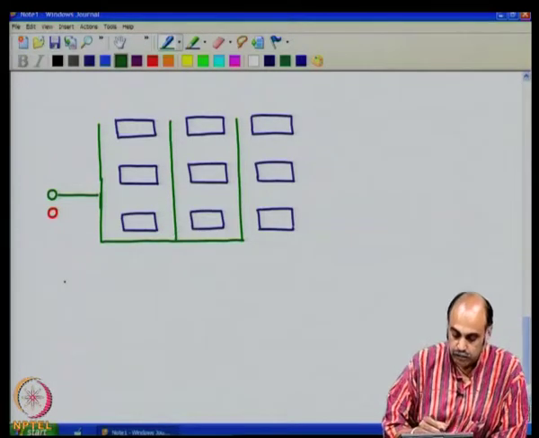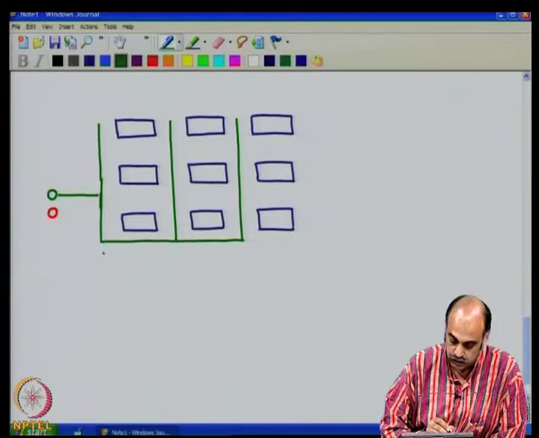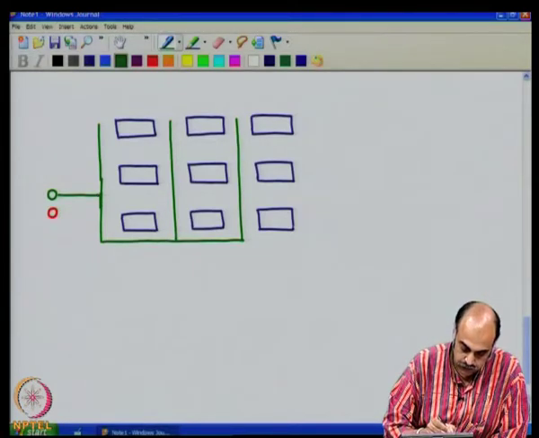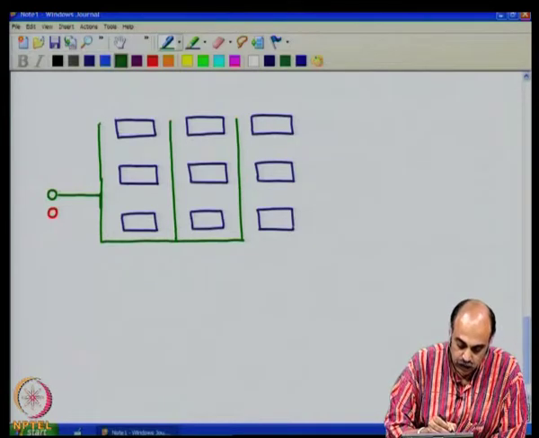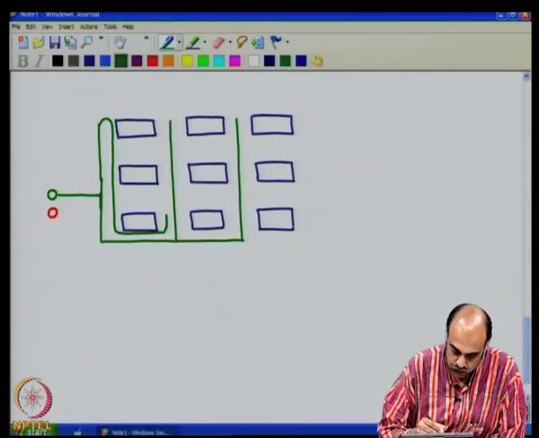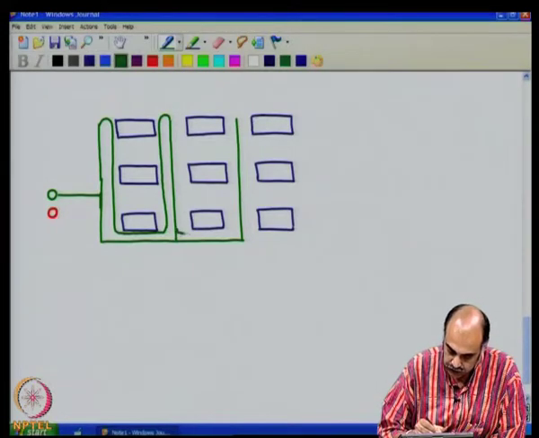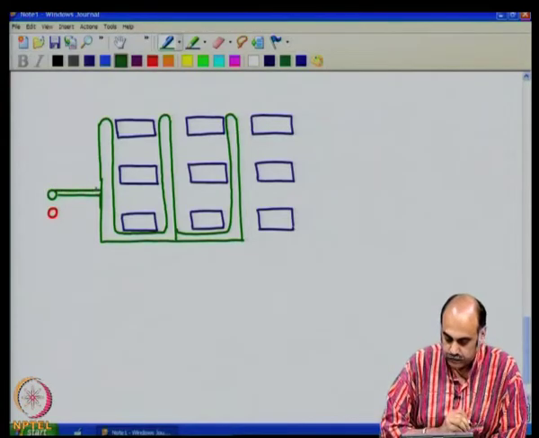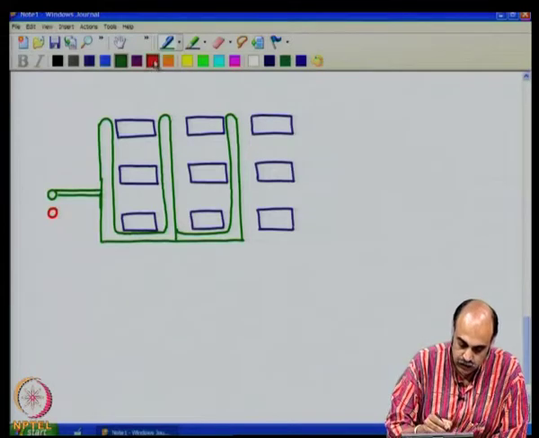So, you have a possibility of contacting every component for a possible ground wire, of course maintaining the ground wire as thick as possible. I am not showing the thickness to scale, but imagine that you have something like that or even thicker, something like this.